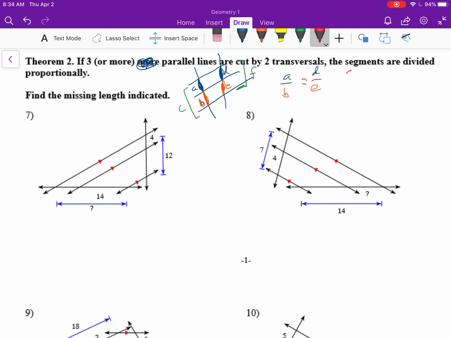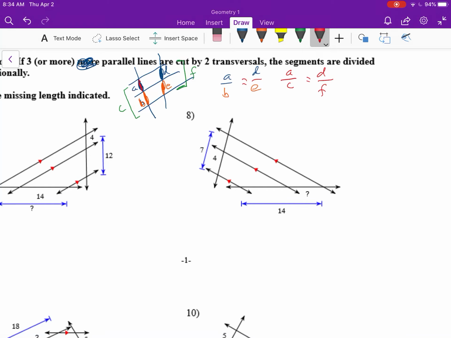Then we could say A over C, so this short part over the whole thing, equals D over F. And the last one we can say is B over C. So looking at our messy figure here, B over C equals, what corresponds to B? Well, that would be E over, and what corresponds to C? That would be F. So we have these three different proportions that we can use.